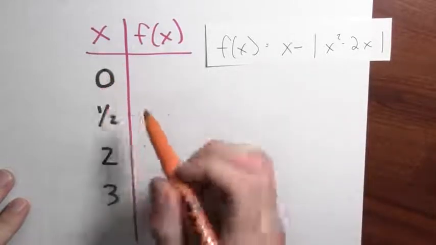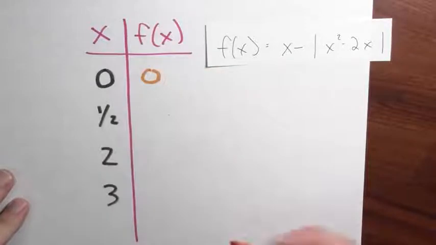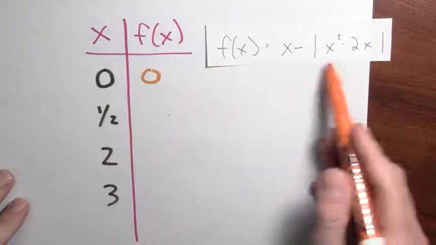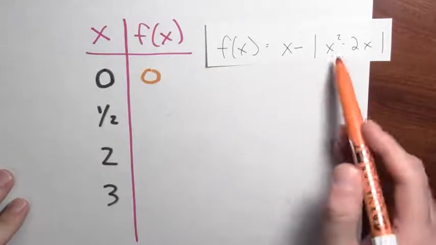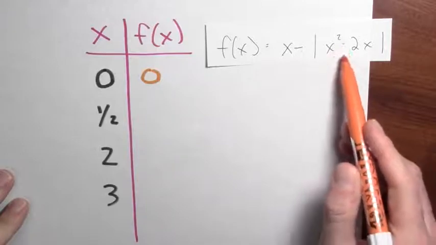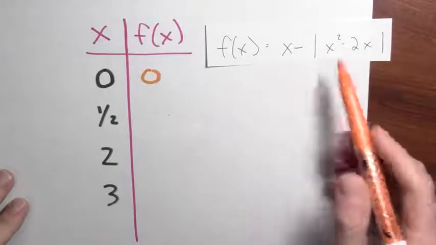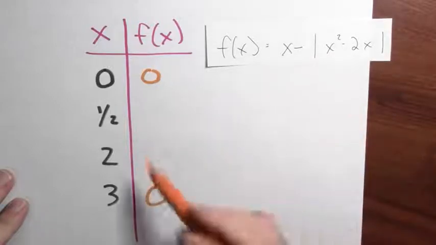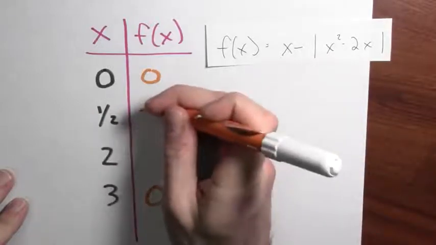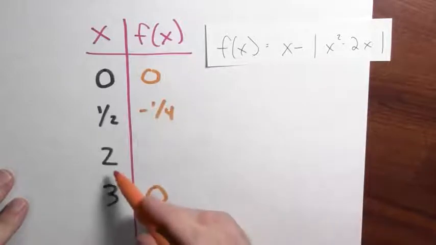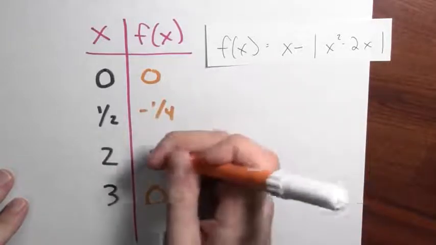So what do we get when I plug in 0? I just get 0. And when I plug in 3, I also get 0: 3 squared is 9, minus 2 times 3, that's 9 minus 6, that's 3, and 3 minus 3 is also 0. When I plug in 1/2, I get minus a quarter. And when I plug in 2, I get 2.